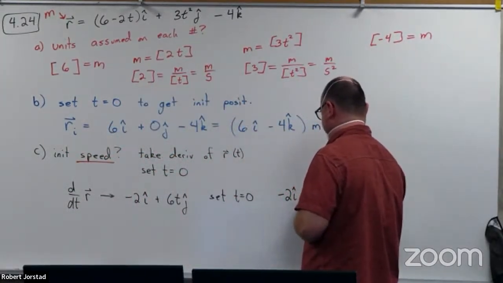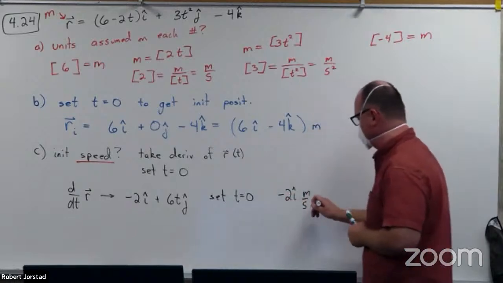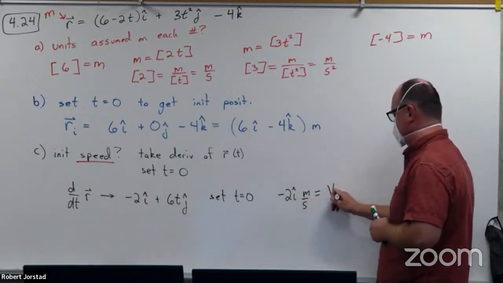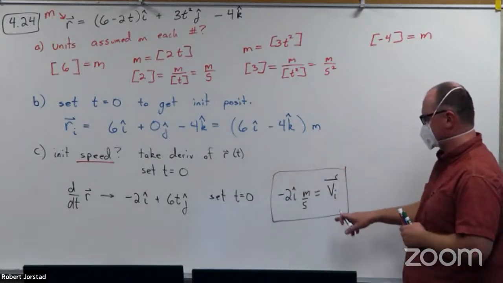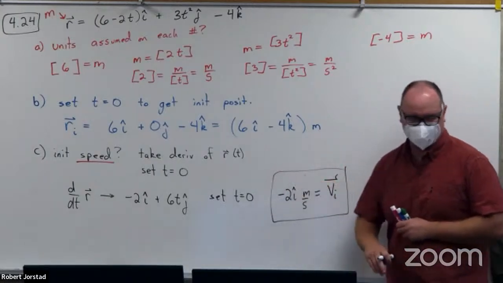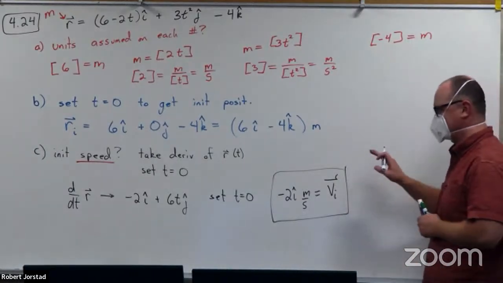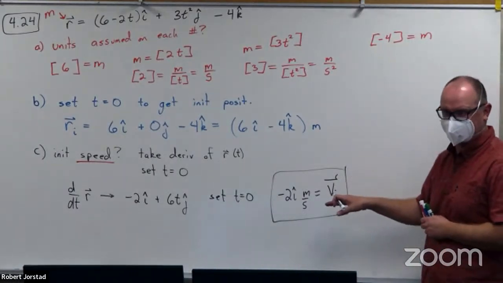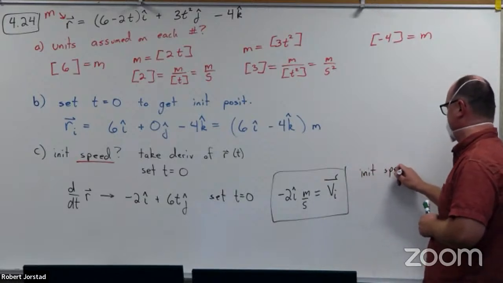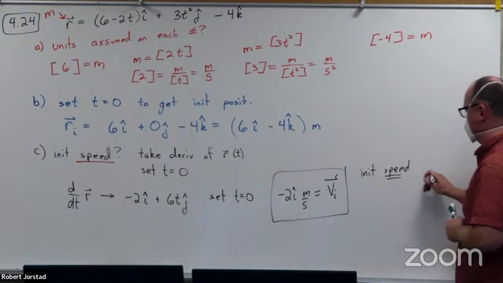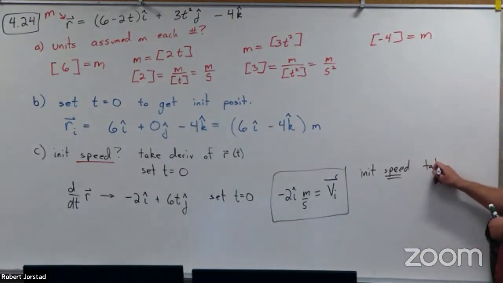I could throw on the units. What is this? The initial velocity vector. You agree it's a vector on one side because it's a vector on the other? That is not correct. You would lose points. Initial speed, we need the magnitude. You see what I'm saying?